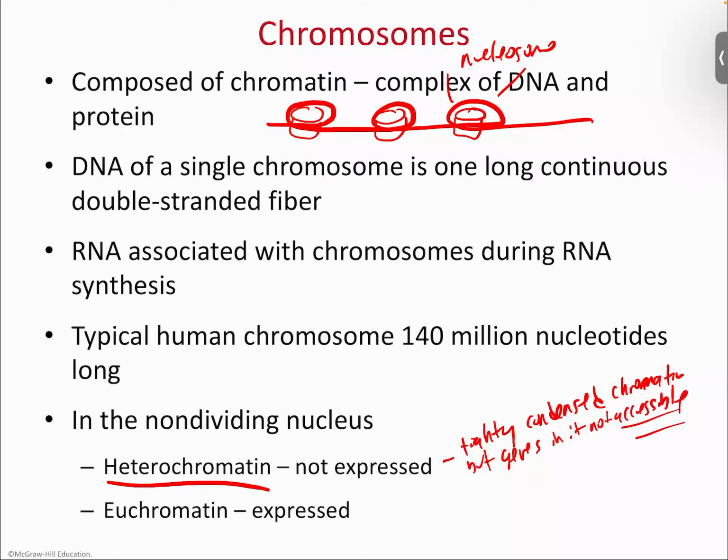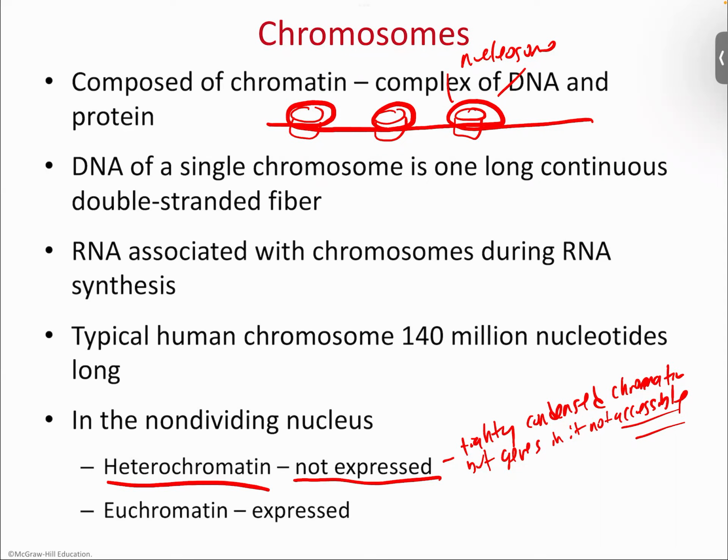And because they're not accessible, that means they're not expressed. That means you can't make a protein from them because you just can't get access to them. So it's what we call transcriptionally dark. It's an area that the genes just aren't active. They're silenced because of just the structure of the way you've wadded it up and you've made them inaccessible.